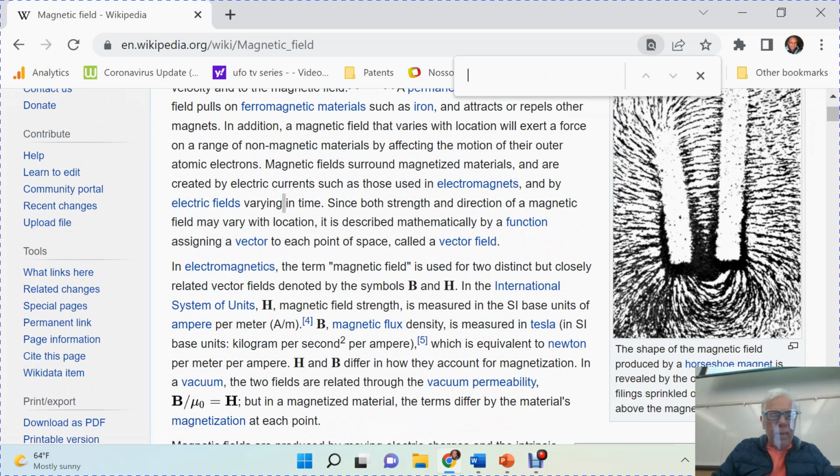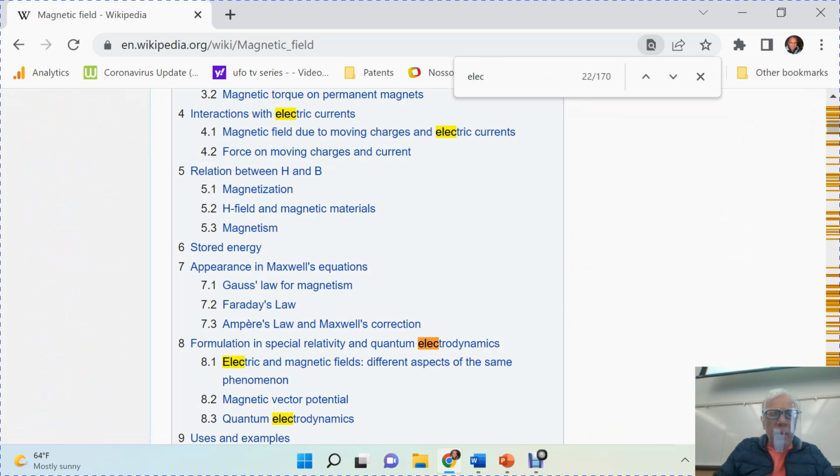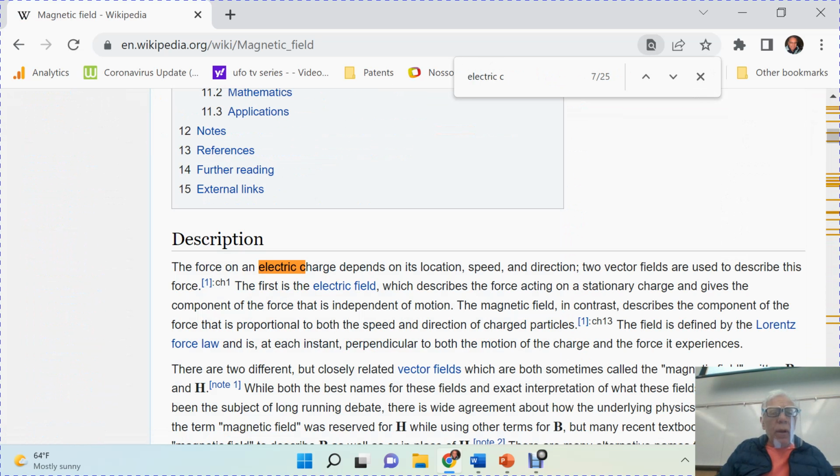Electric current. So if you want to create a magnetic field, you need an electric current.